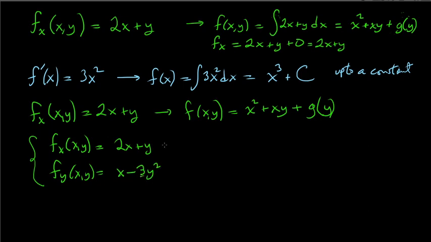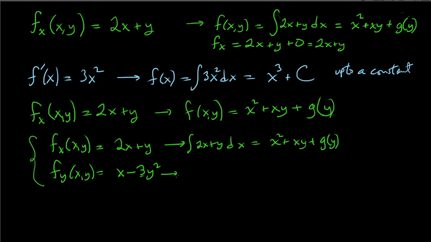So we already integrated the 2x plus y with respect to x, and we got x squared plus xy, plus some function of y. I'll call it g of y.